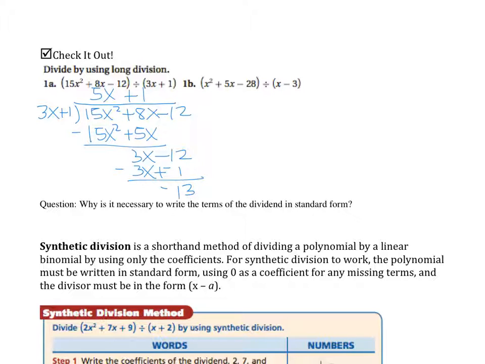So your answer here would be 5x plus 1 minus 13 over 3x plus 1.